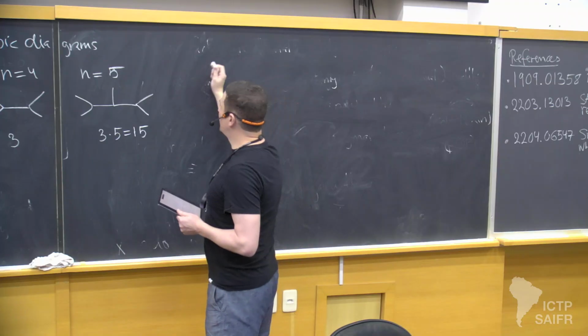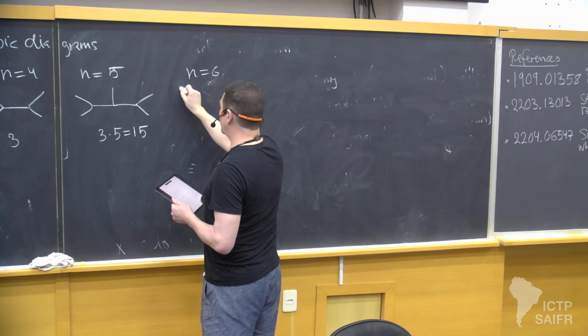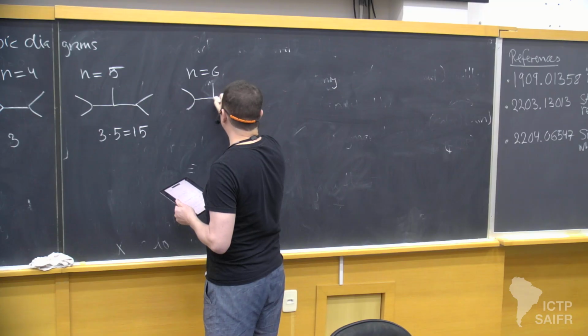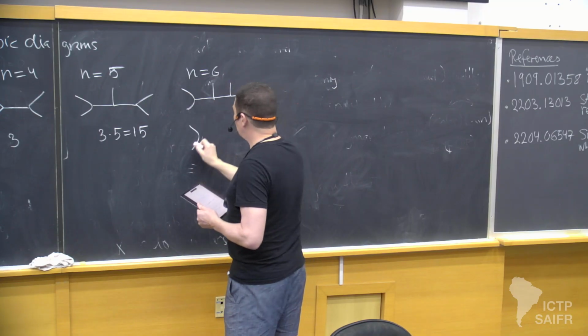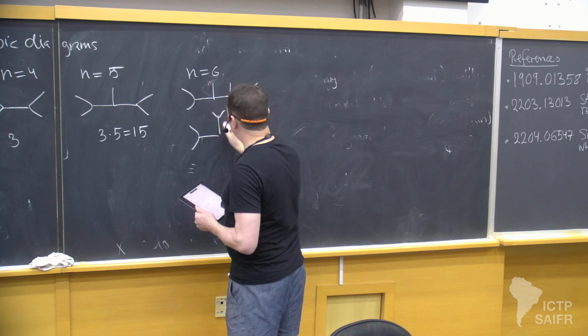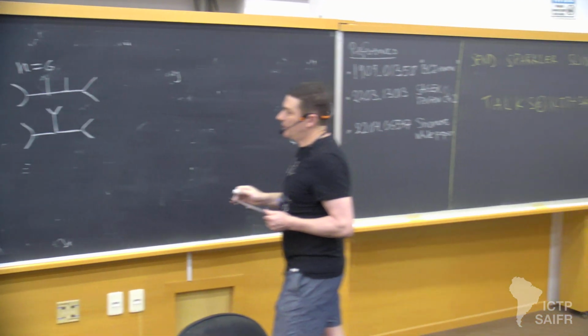And then, of course, when you get to 6-point, you can actually draw 2 different, what people call topologies, which maybe mathematicians would not agree are topologies, but we call it that. So you can draw these types of diagrams.